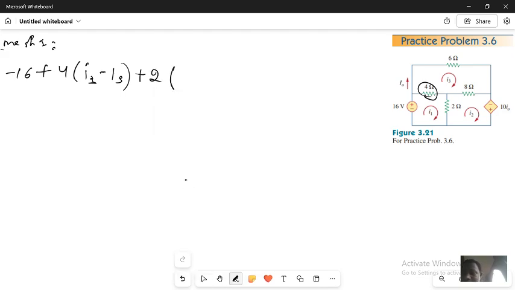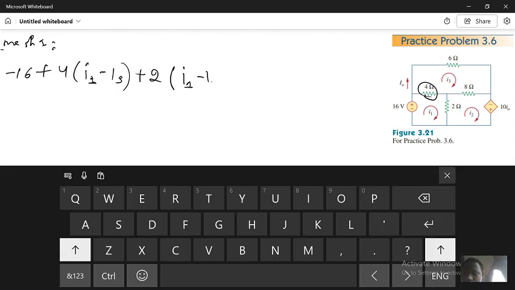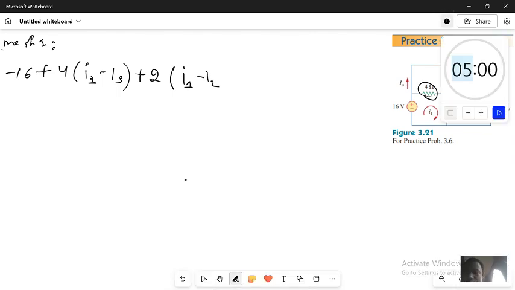Since I am in mesh 1, I will start by I1 minus I2 is going to be equal 0.